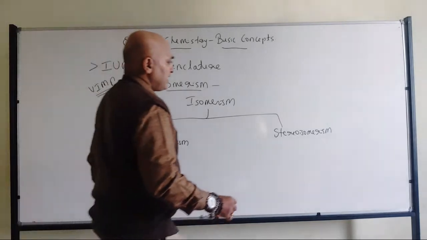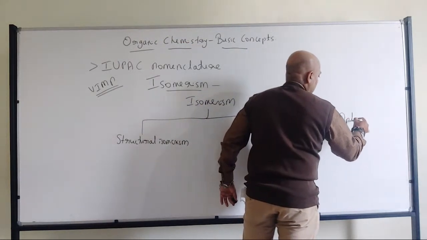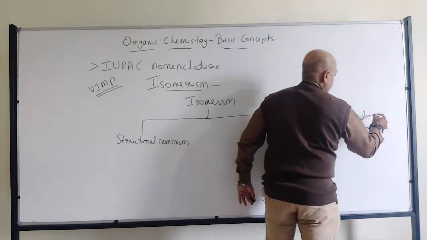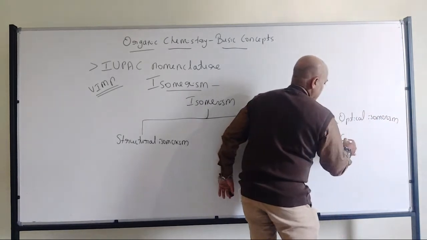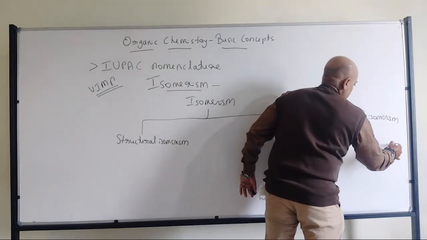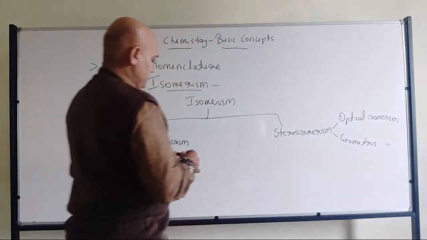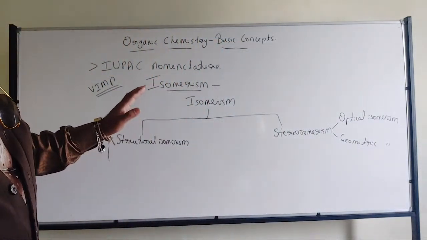In stereoisomerism, once again we have two types: optical isomerism and geometric isomerism. Don't worry, we are not going to discuss them in detail.